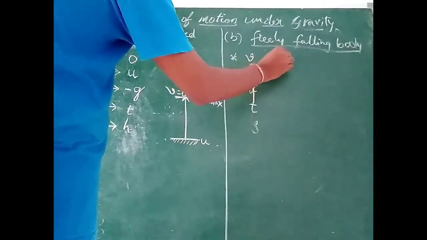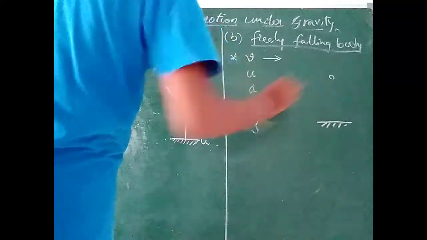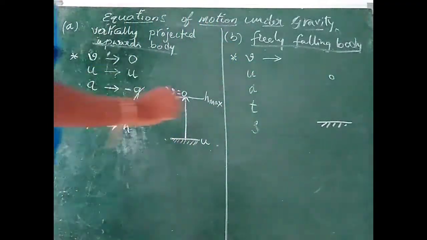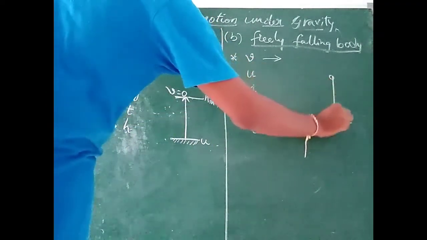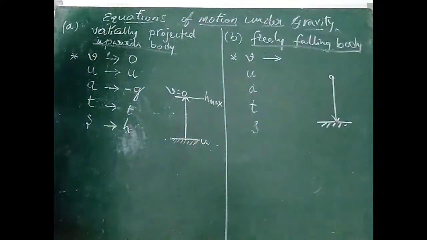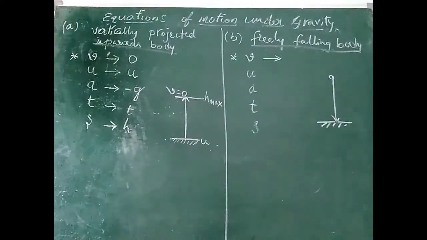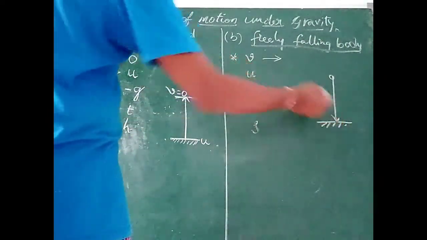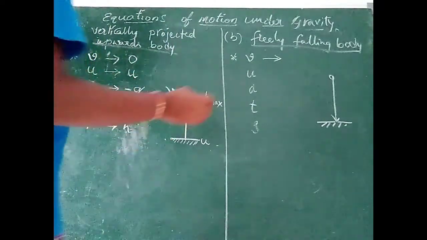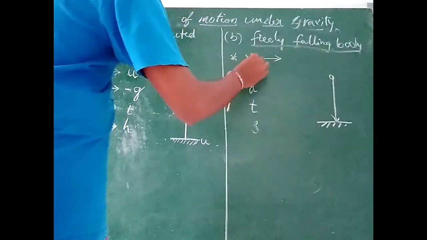A freely falling body. Suppose a body is at a certain height. From that height, the body travels in vertical downward direction and finally reaches the ground. Before reaching the ground, it should have some final velocity.